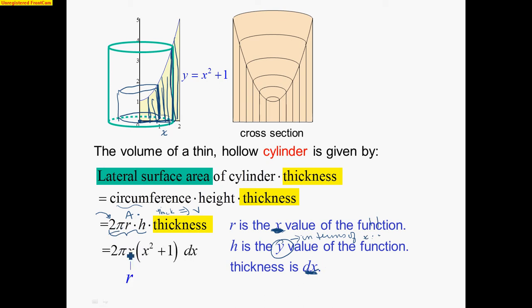So 2 pi radius, right? The radius of each one of these cylinders is x. There's my circumference. What's the height of the cylinder? The height of the cylinder comes from the parabola, x squared plus 1, and all of this together is lateral surface area, 2 pi times the radius times the height.